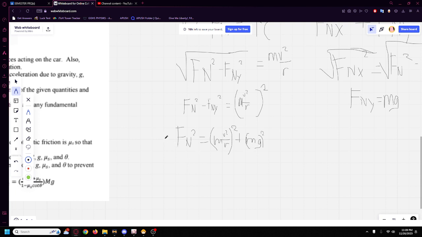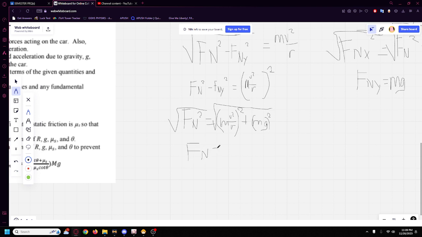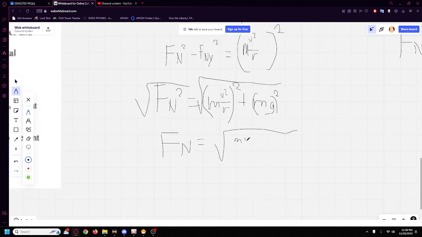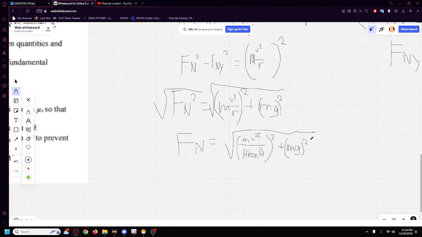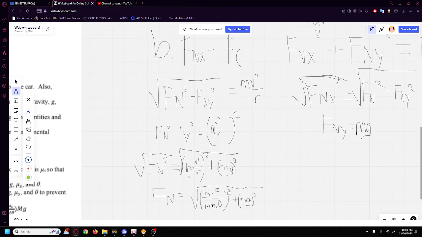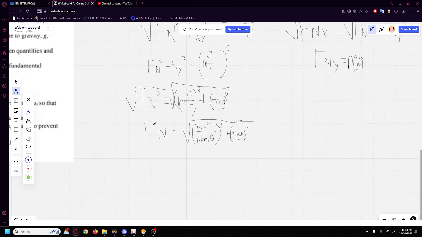And I square root that, so F_N is equal to the radical of m v squared over h tan theta, squared, plus mg, squared. r became h tan theta, as I said before, and that's how you get F_N. That's the function for F_N.